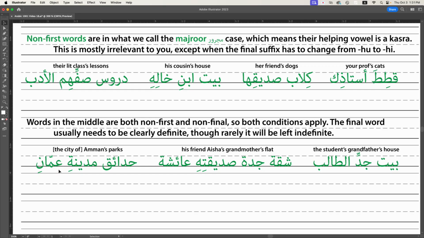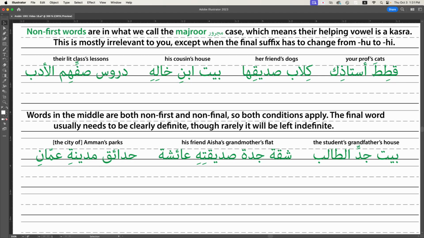Amman is the name of the city, so it's a proper name, even though it doesn't have alif lam. So it's definite. And when we talk about the name of a city in Arabic, we often put the city of before it. That's just how we roll. There's no good reason for it. So the city of Amman's parks, or in English we just say Amman's parks, or the parks of Amman.